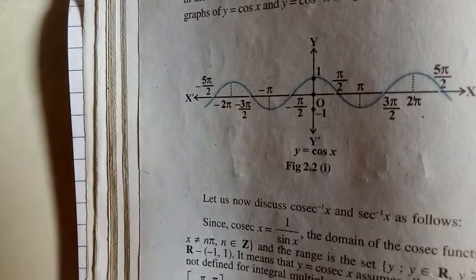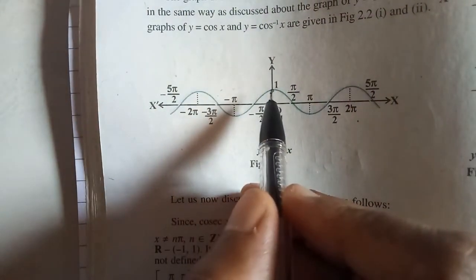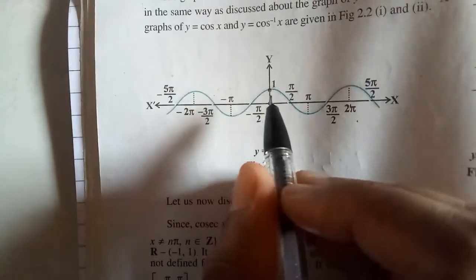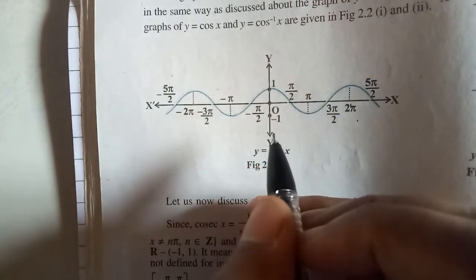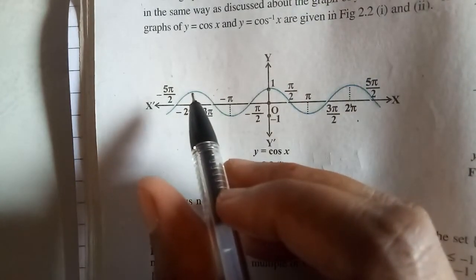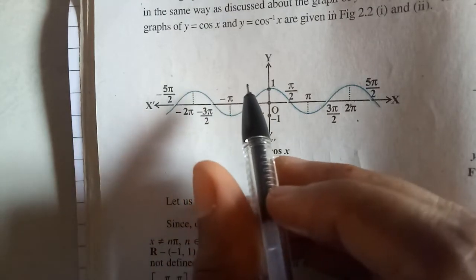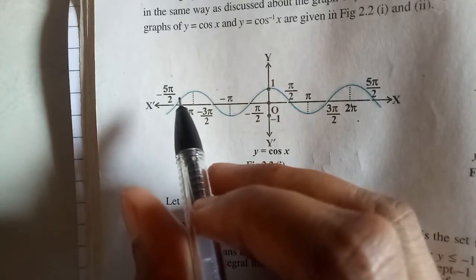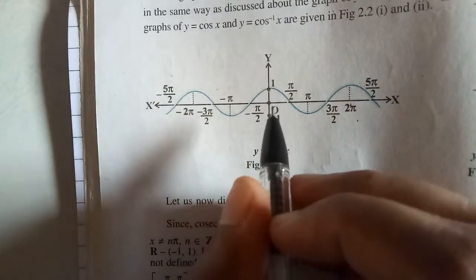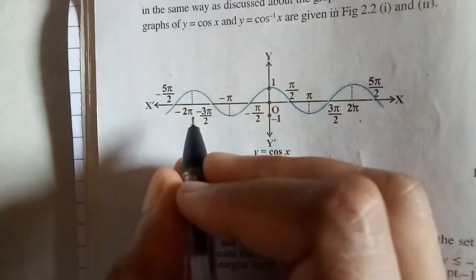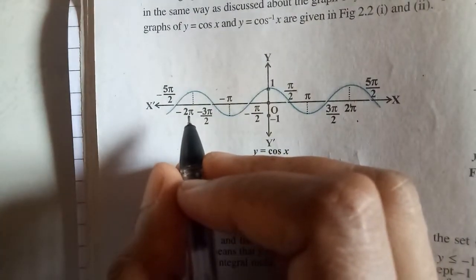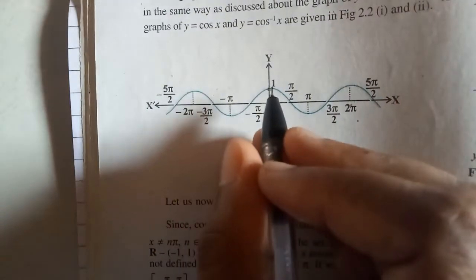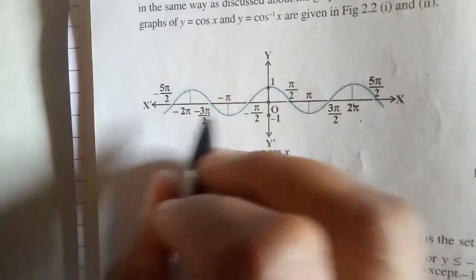If you look at one-one, children, you can see that at different places the values are the same as 1, but the elements are not the same. For example, you can check here: cos of minus 2 pi is 1, cos of 0 is 1, but 0 and minus 2 pi are not the same angles.